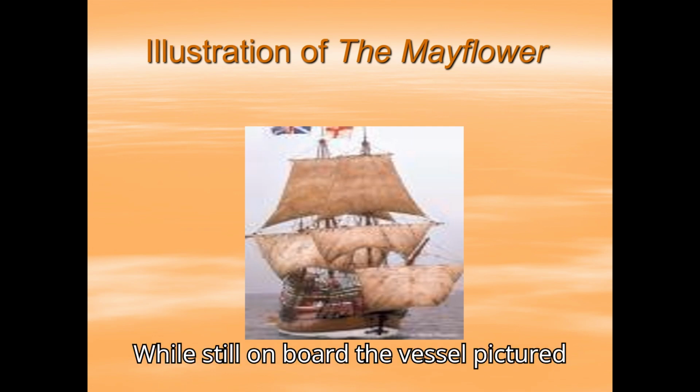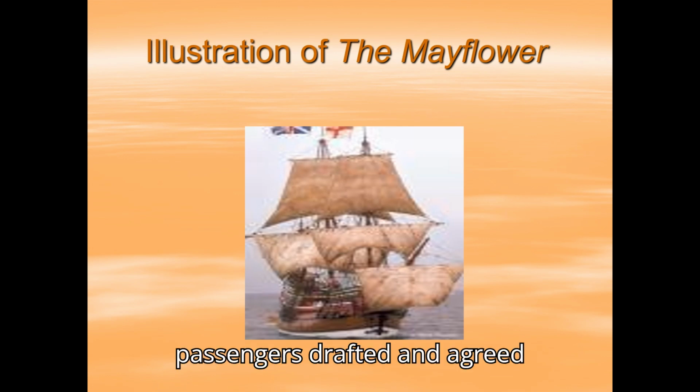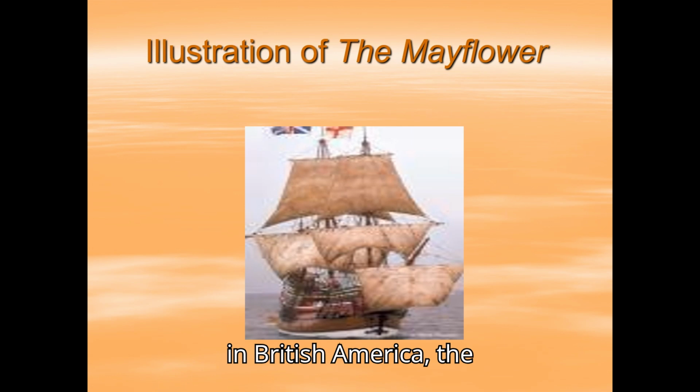While still on board the vessel pictured here, the Mayflower, passengers drafted and agreed to what is considered to be the first written constitution in British America, the Mayflower Compact.